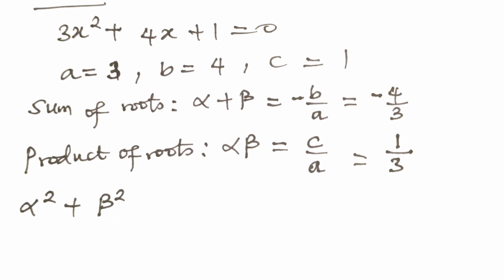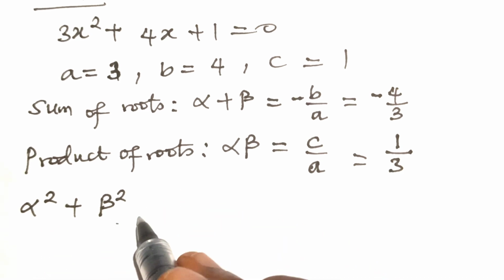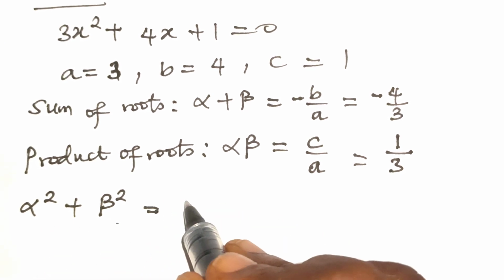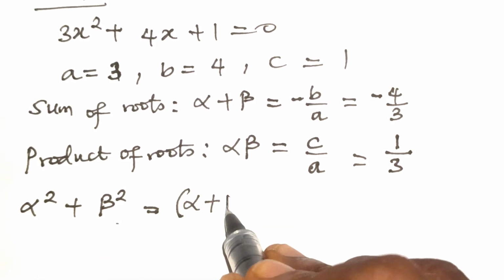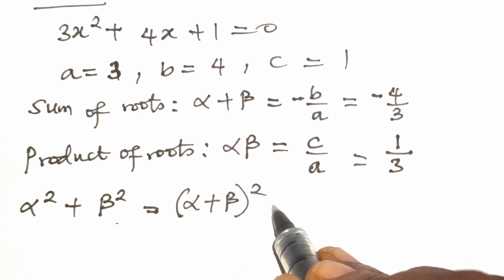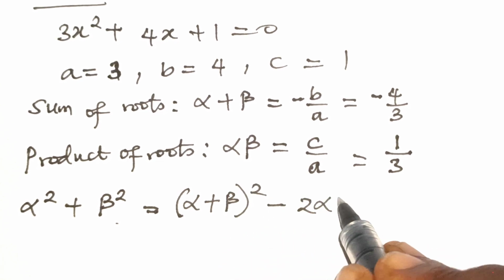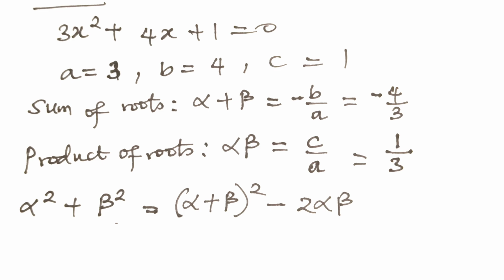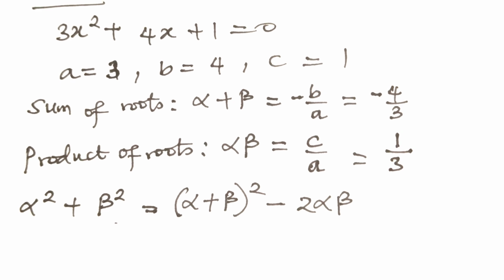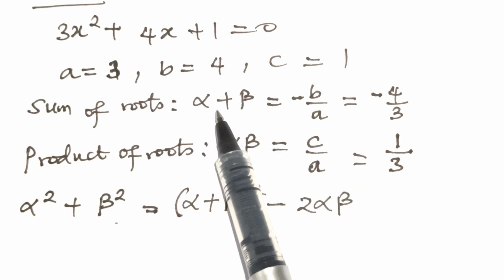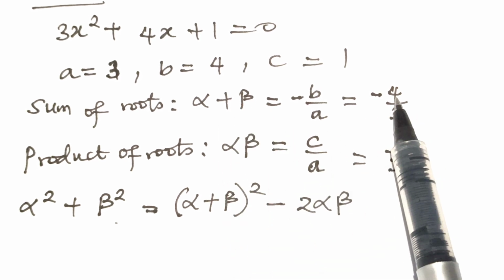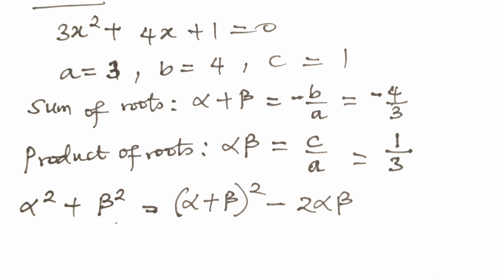We already know that alpha squared plus beta squared is equal to alpha plus beta all squared minus 2 alpha beta from the previous example. So we will have alpha plus beta is minus 4 over 3.